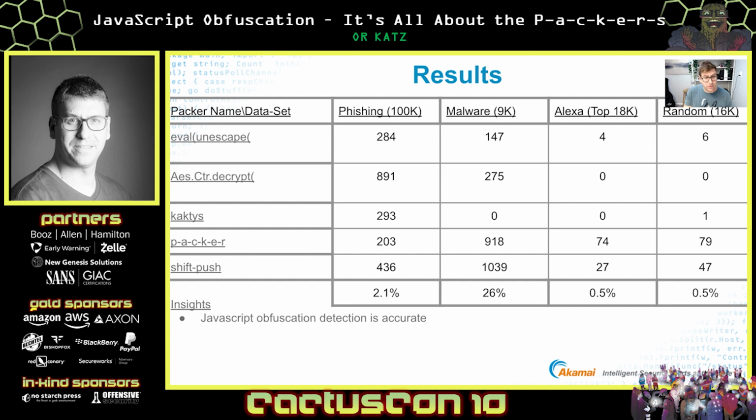So JavaScript obfuscation detection is accurate, right? The malicious being detected as obfuscated, which makes sense. The Alexa and the random as well. I was going over those examples. We created a technique that profiles a JavaScript packer, right?